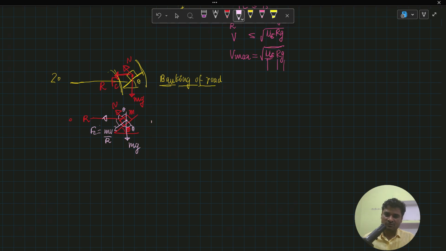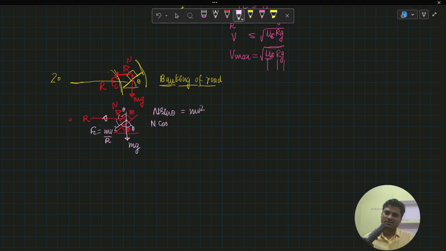If we resolve the normal force along the direction of the center, then n sin theta is equal to mv square by r.